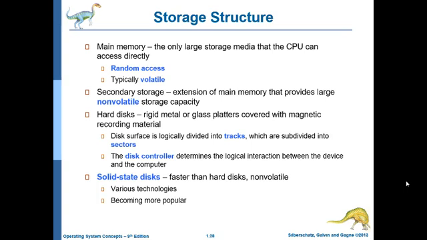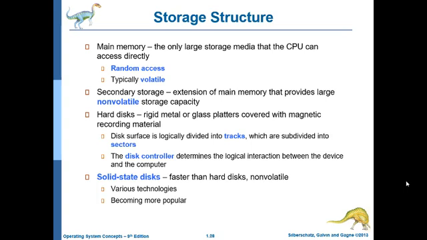But if the power goes off, it does not have electricity, so the data is not there. If the computer shuts down and restarts, the data is lost from the RAM. So if you are working on a document and for some reason the computer shuts down, the data in the RAM is lost. So that is volatile.